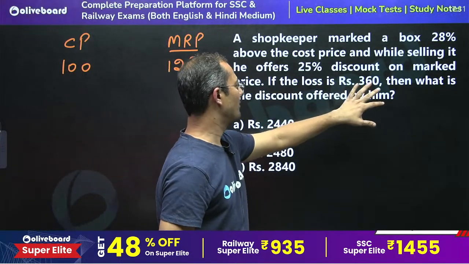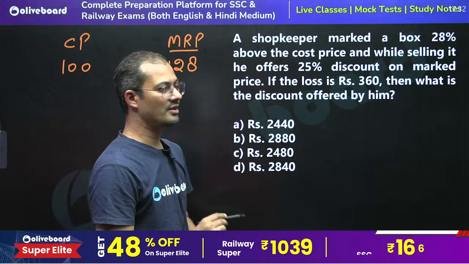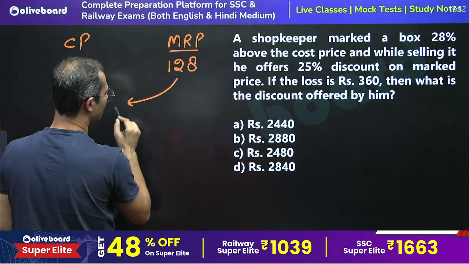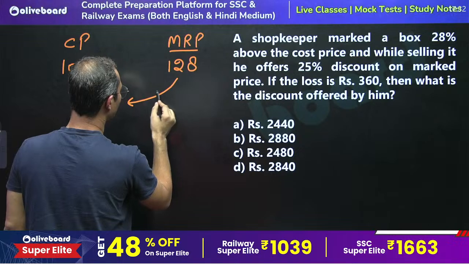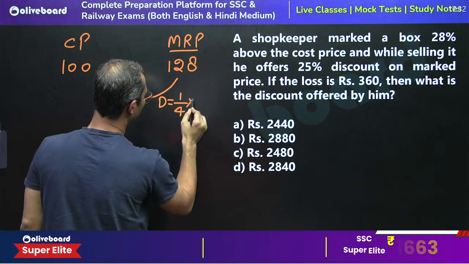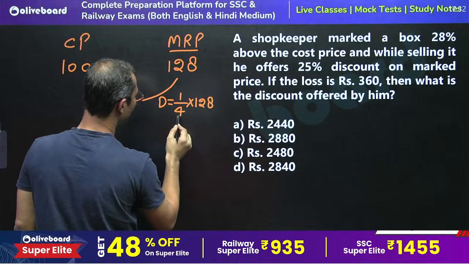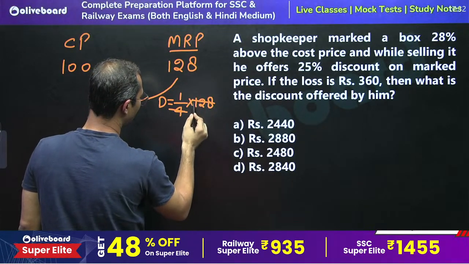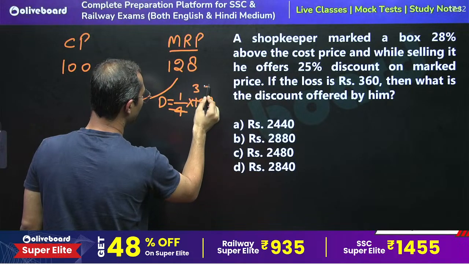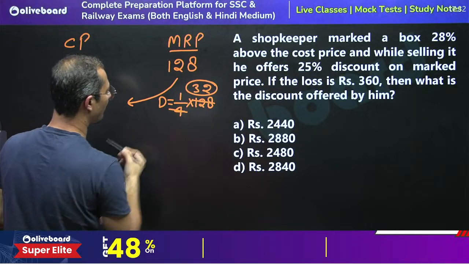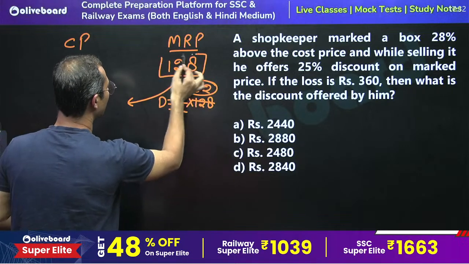Above the cost price, and while selling it he offers 25% discount, right? 25% means what? Discount is 25%, which means 1 upon 4 of 128. So we can say that the discount offered is 32 rupees if the MRP is rupees 128.